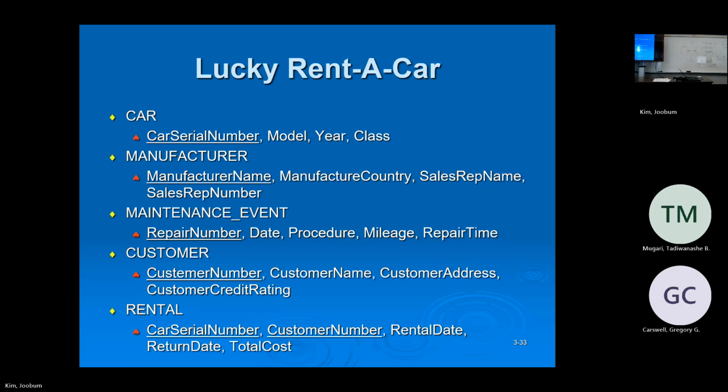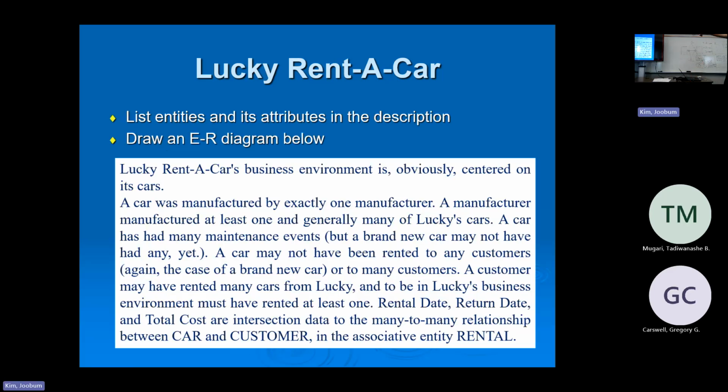Relationships. For example, car and manufacturer. In order to understand the relationship between entities, you have to read this description. Maybe a car was manufactured by exactly one manufacturer.